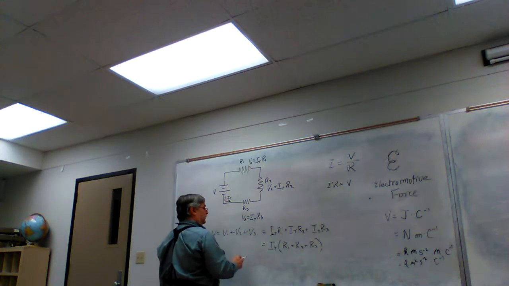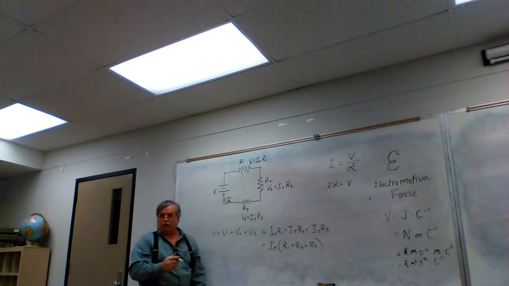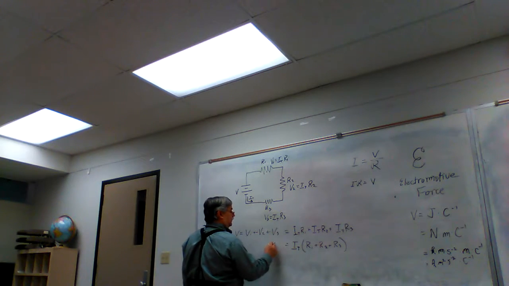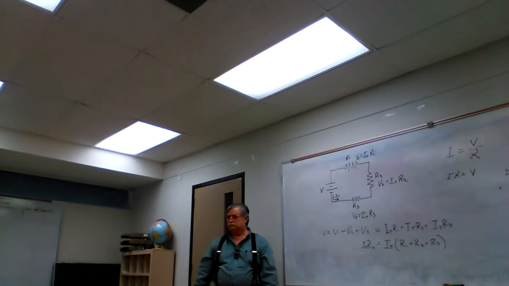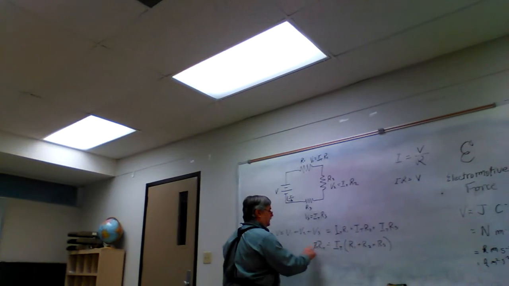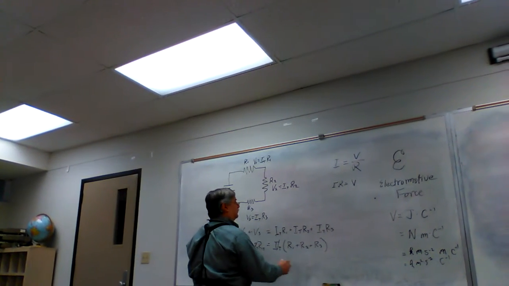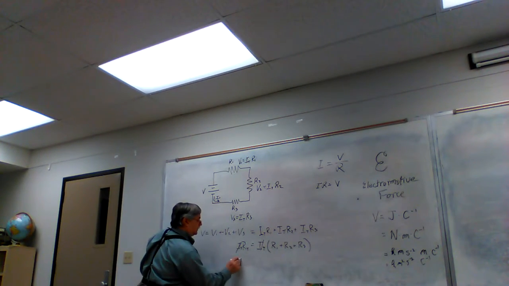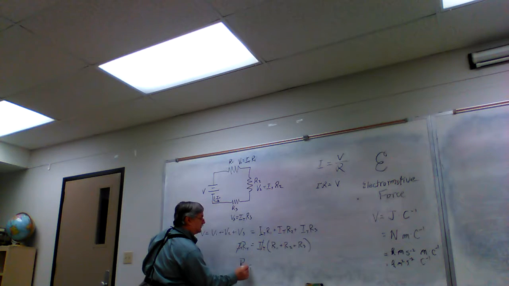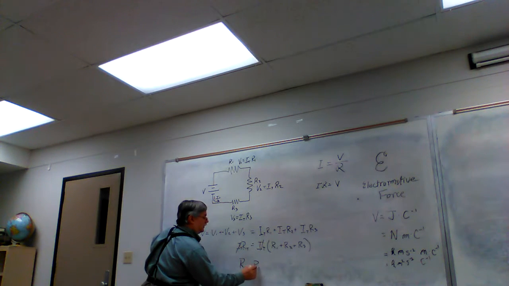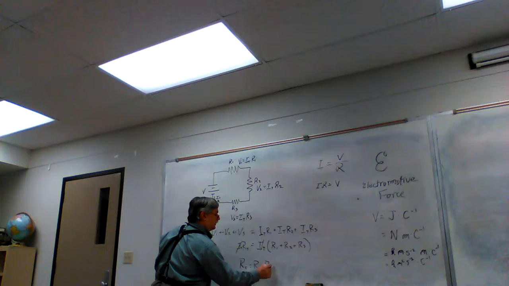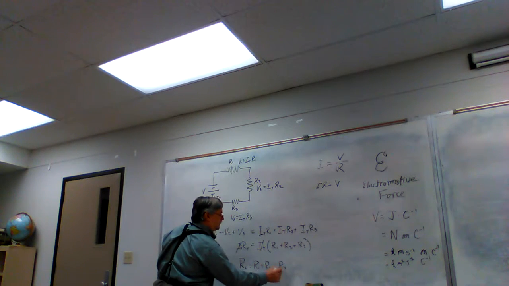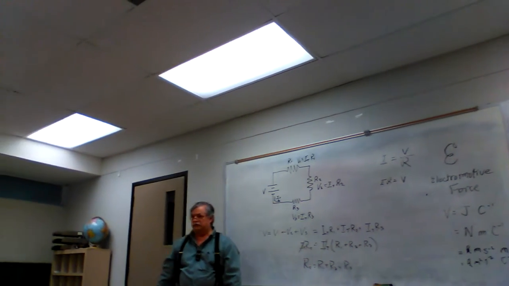That's equal to the voltage, which is the total current times the total resistance. And if we divide both sides by total current, we are left with the total resistance is equal to the sum of the individual resistances, when they are in series.